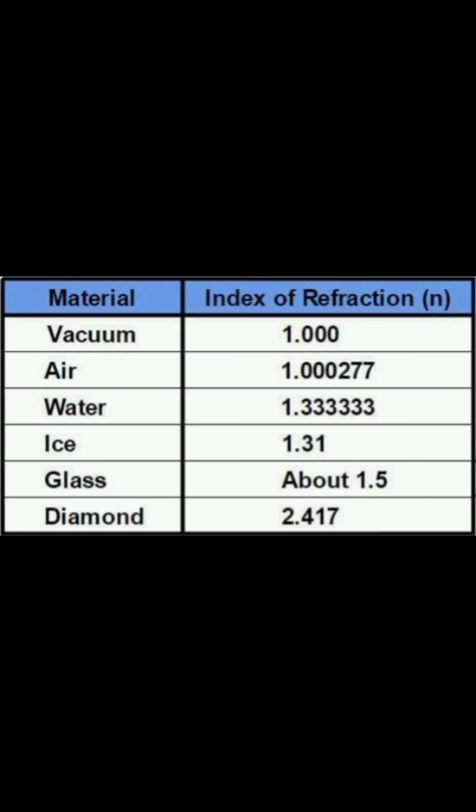Another example is a mirage: when the ground is hot, it bends light from the sky towards your eye, making it look like water. You can experience this in a desert. And convex and concave lenses refract light to correct vision or focus images. These are the real-world examples of refraction.